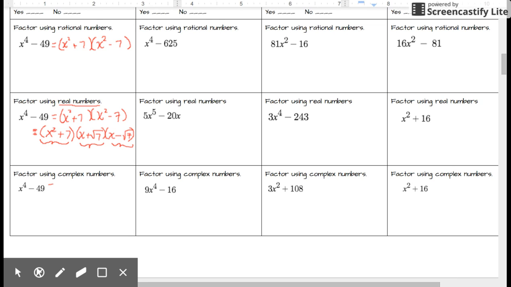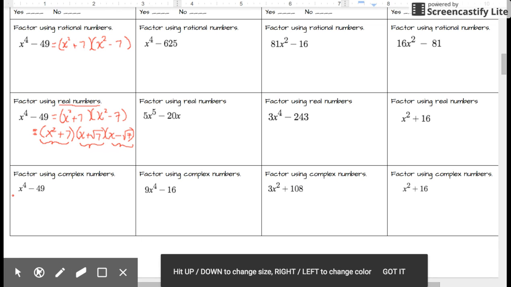We're still factoring x to the fourth minus 49, but we can use complex numbers, meaning we can use rational numbers, we can use irrational numbers, and we can use imaginary numbers. So let's start factoring. Let me put the answer here.